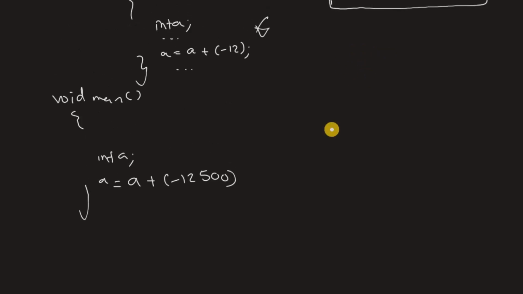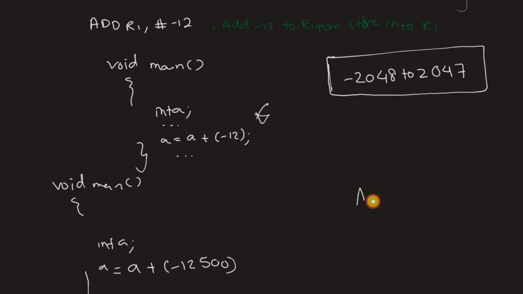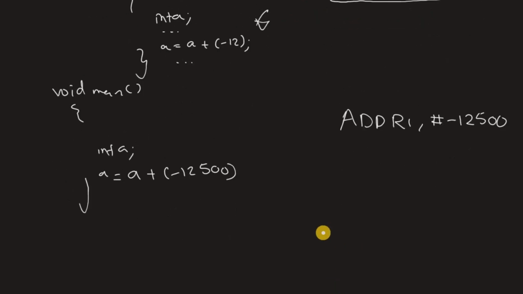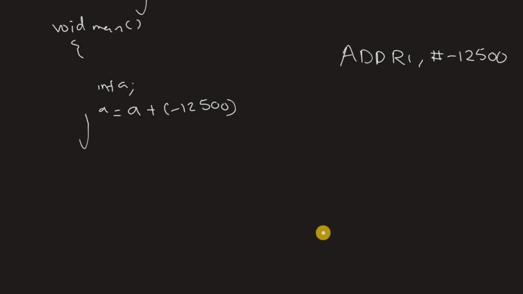Like we said over here, we can do add r1, and then -2. No, this is going to be wrong, because you see the limit is this one, and it's not within the limit. So what we basically do is we start with the limit.